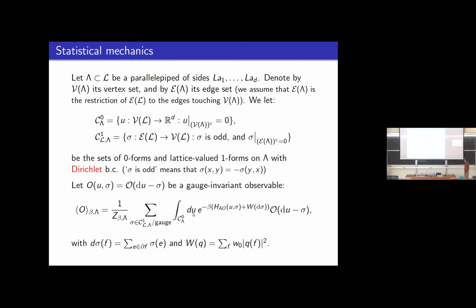Since the Hamiltonian is invariant under gauge transformations, only gauge invariant observables, so observables that can be written as functions of this specific combination, are physically relevant.